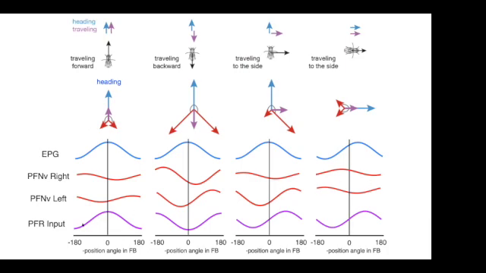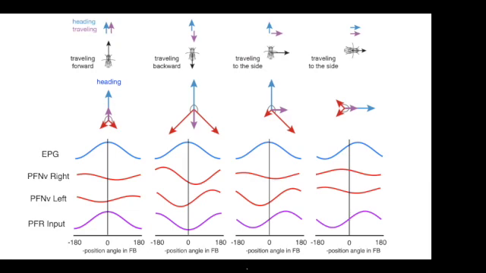And then finally, here is what we predict for the input to this traveling direction system. This again is across the fan-shaped body: PFR neurons that live in the columns at different angles should be getting a profile of input that looks like this.